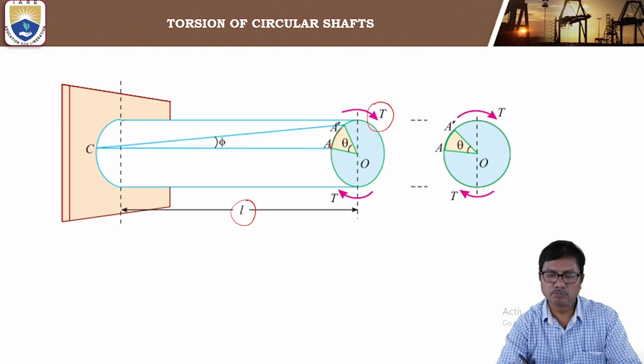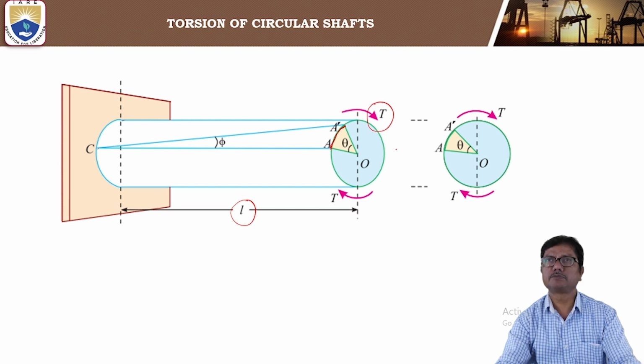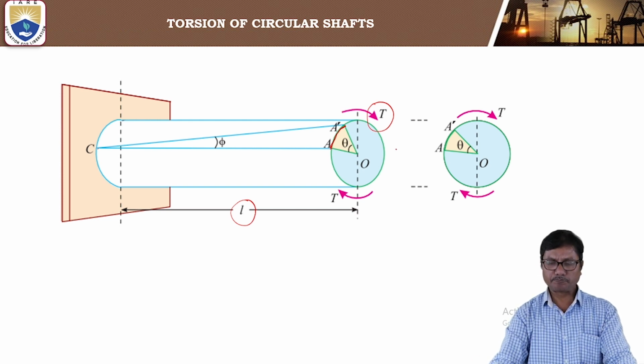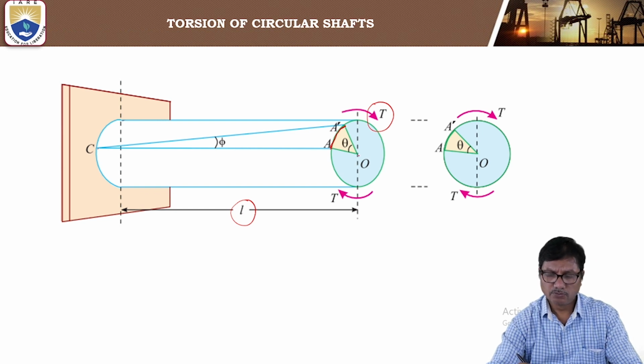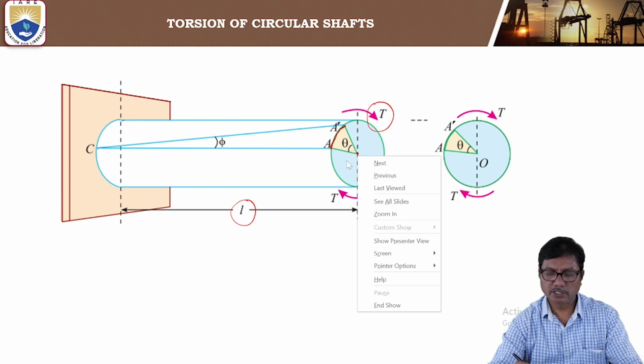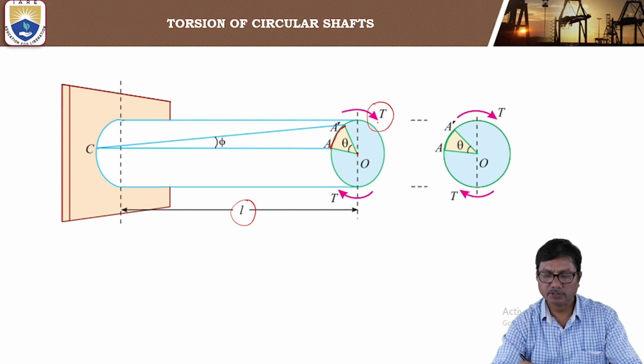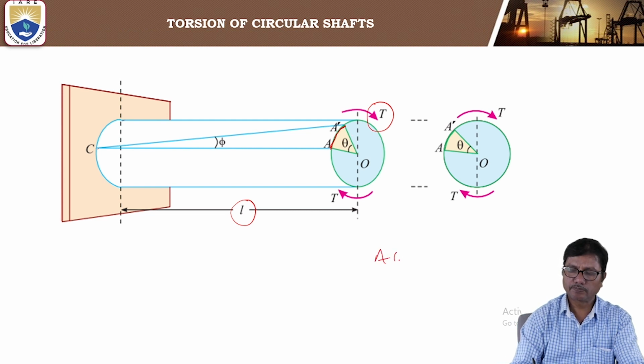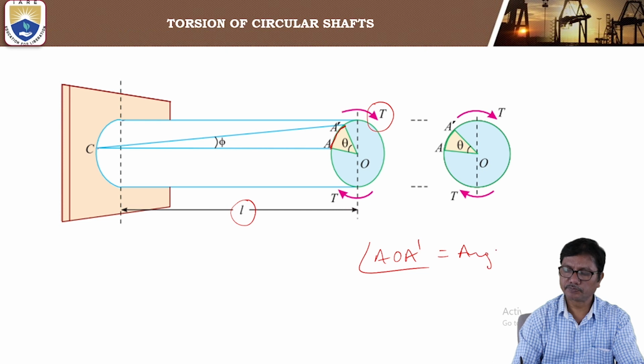Point A moves to A dash, so the cross section is subjected to twist, and O is the center of this circular cross section.